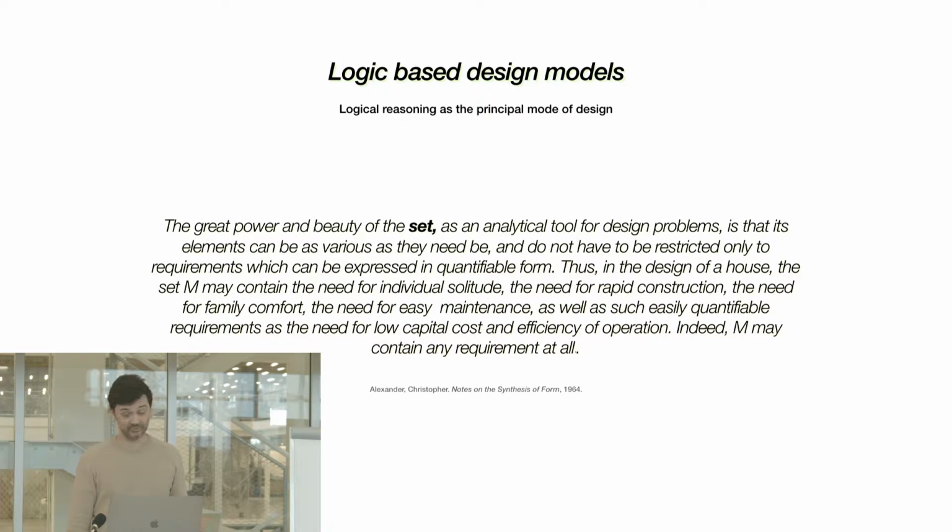And for him, interestingly enough, the ultimate object of design is form. And the difficulty with architectural form is how you connect form with design needs. This is how he defines the main problem of his book. He says there is no way to create a mapping which would allow us to evaluate the form according to the needs that we want from it.